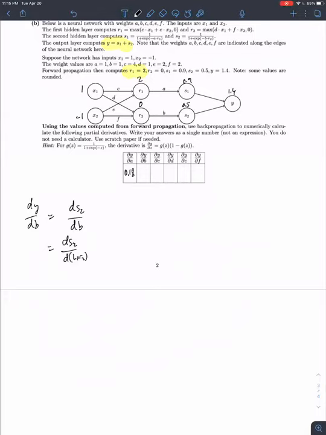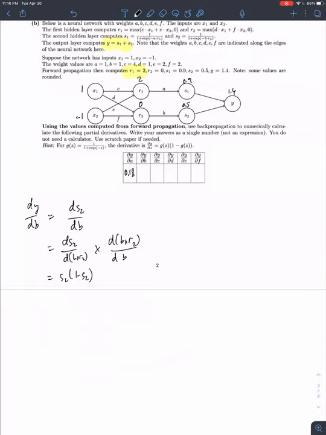So ds2 dB, the input to the sigmoid, times dB R2. So what's ds2 dB times R2? Well, again, that's S2 times 1 minus S2, because B times R2 is the input to S2.